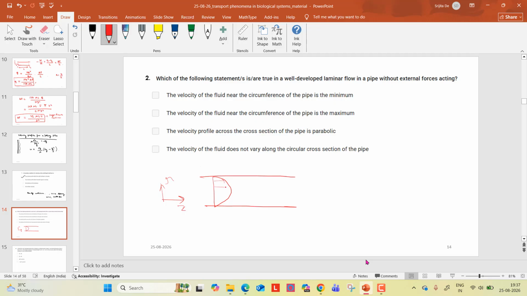So this is your velocity profile, and this would be your stress profile, right? So the velocity of the fluid near the circumference of the pipe is minimum. That is true, right? Velocity is always maximum at the middle. The velocity of the fluid near the circumference is maximum. This is wrong. The velocity profile across the cross section of the pipe is parabolic. This is also true. Okay.